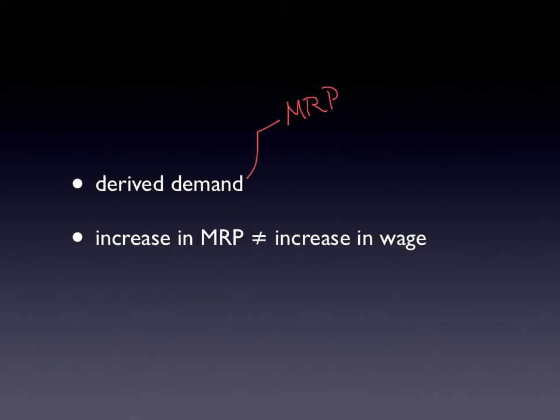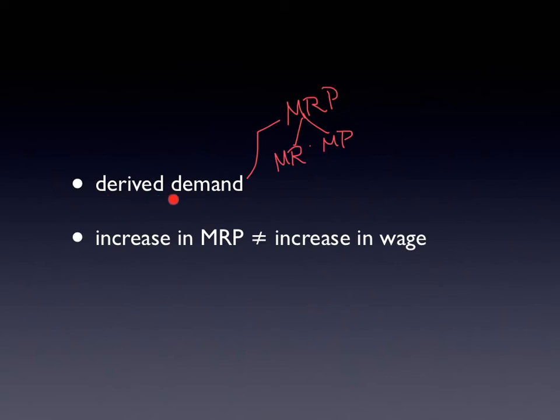So it's the income from one more worker, and it can be derived by multiplying marginal revenue times marginal product. So if the demand for the good that the workers produce rises, the marginal revenue will increase. If marginal revenue increases, because it's multiplied by marginal product to arrive at marginal revenue product, marginal revenue product will also increase.